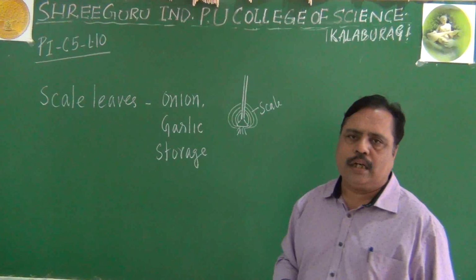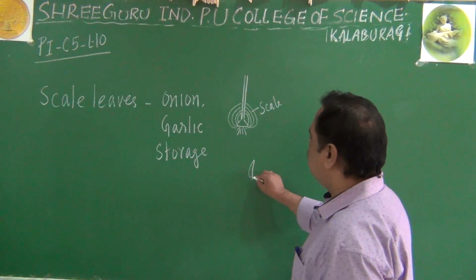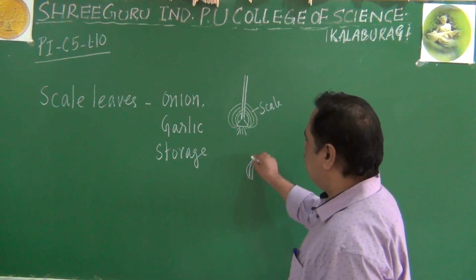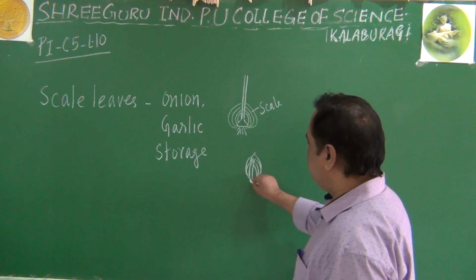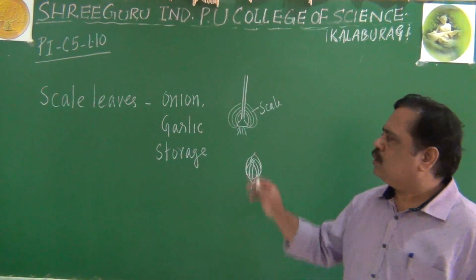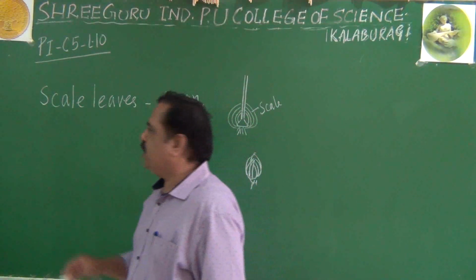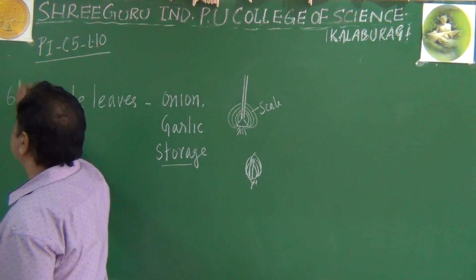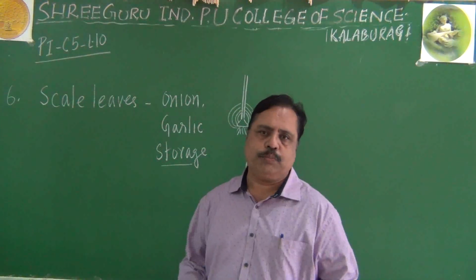Even in garlic, there will be scale leaves containing the pearls of the garlic like this. Pearl-like structures are present in the garlic here. So in garlic and onion, scale leaves are meant for storage. It can be taken as the sixth modification in the case of the leaf of angiosperm.